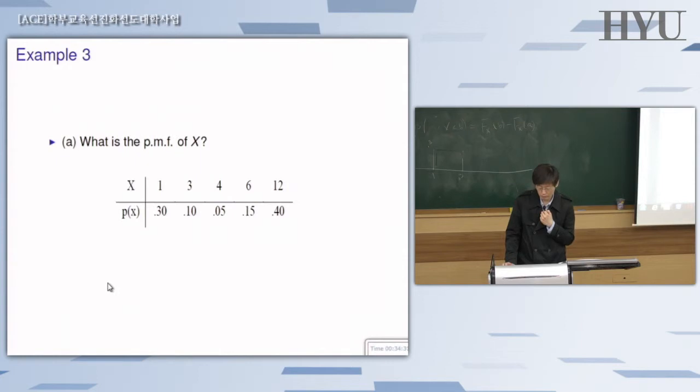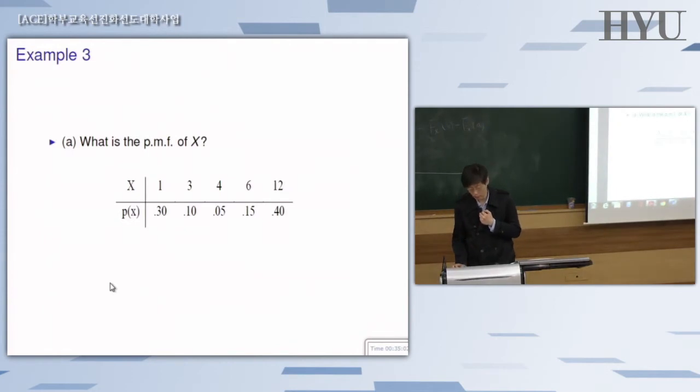And then an even smaller jump for the next one at 4. And it increases to 0.15 at 6. And the biggest jump at the maximum possible value taken by X, which is 12. You have to make a payment at least once a year, so the number of months between those two back-to-back payments cannot be bigger than 12. Must stop at 12. Nothing after that.